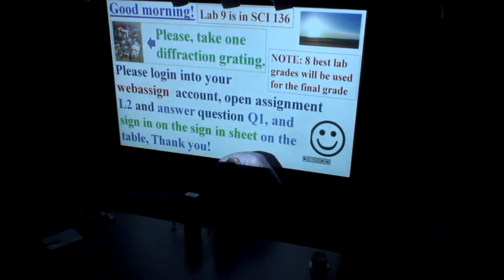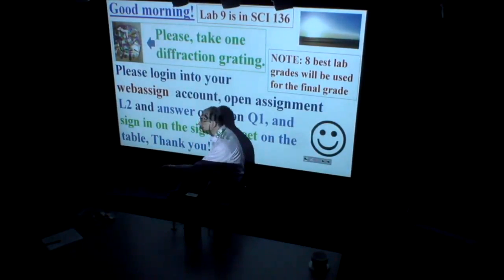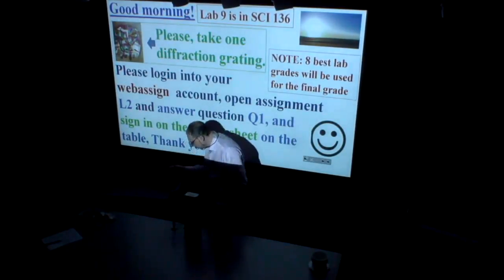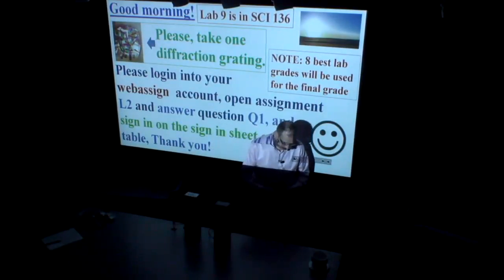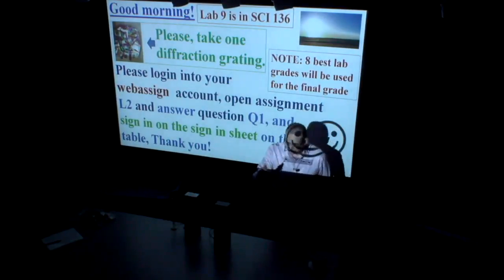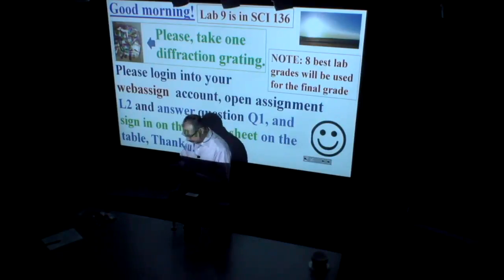And we know that the central maximum, you should pick up the third one. That's why I keep this slide on. The central maximum will be white because red, blue, green, they all go through directly to the central maximum. They don't separate, they mix.